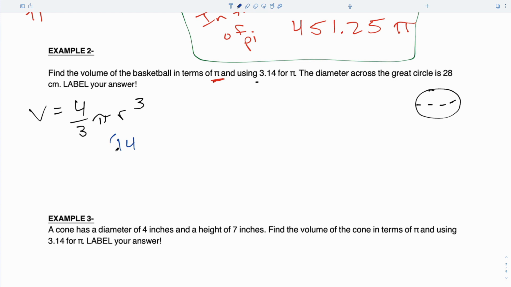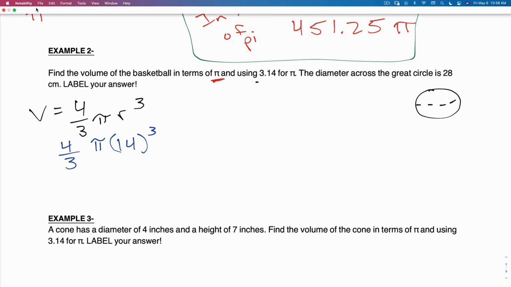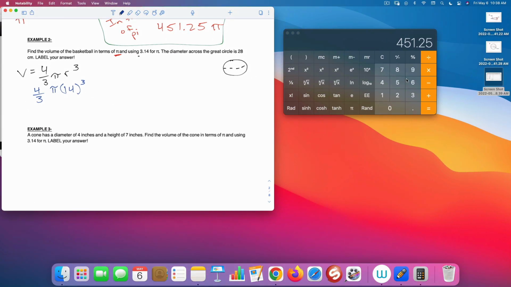14 to the third, pi, times 4/3. Let's go to your calculator. When you're multiplying by 4/3, you guys, it's the same thing as multiplying by 4 and dividing by what? 3.